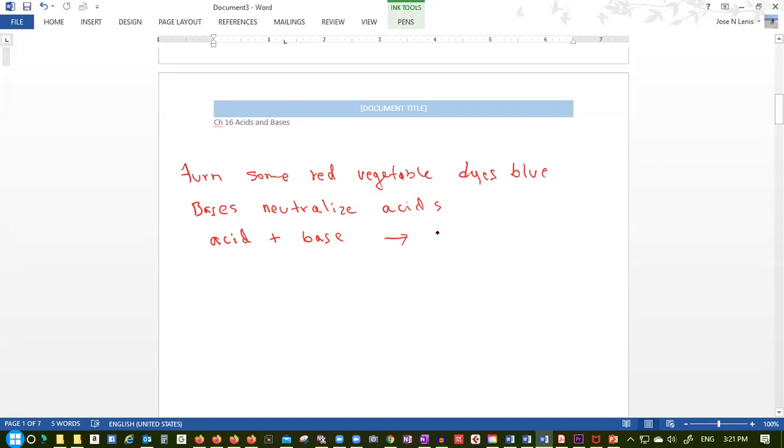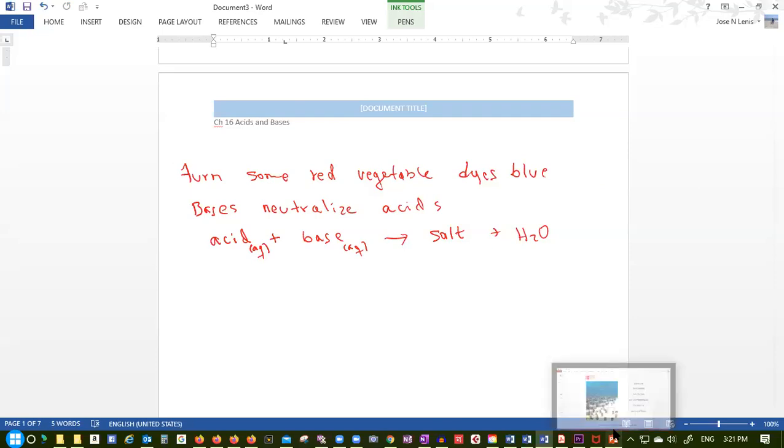The base neutralizes the acid, or you can say the acid also neutralizes the base, to form a salt and water. Remember, this needs to happen in an aqueous solution in general. All right, so knowing these basic properties will help us to recognize the general behavior of acids and bases.